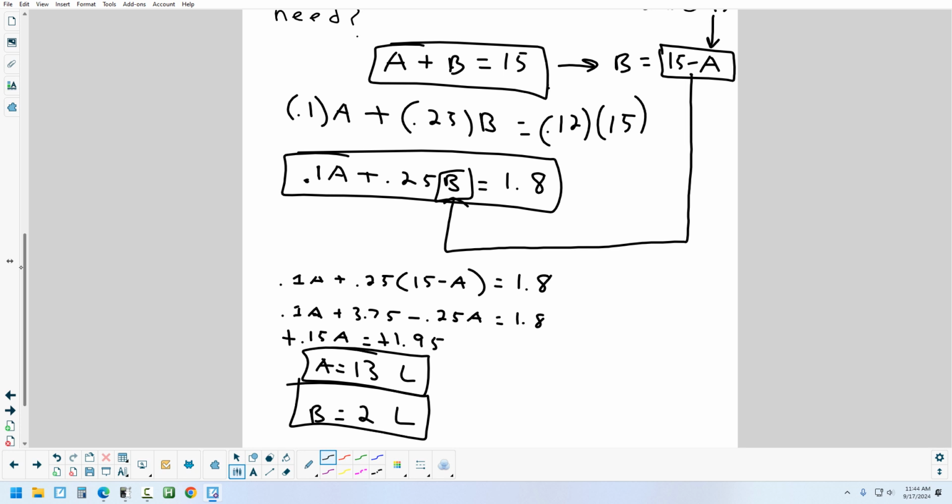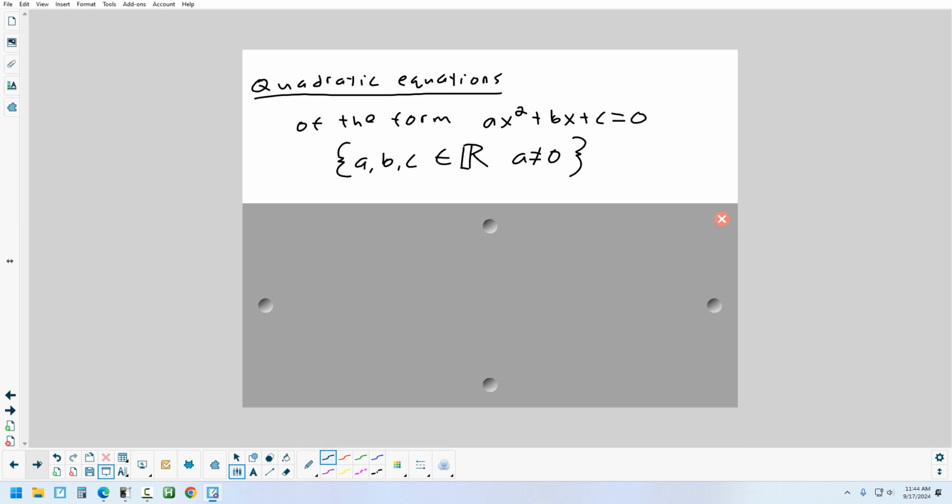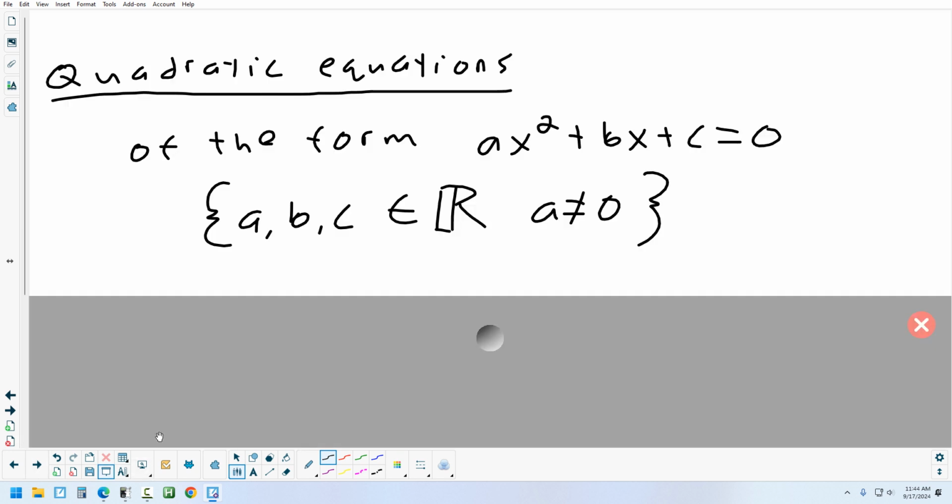All right, so the last type of problem we'll look at is quadratic. Quadratics have an exponent of 2 as the highest exponent in the polynomial. The a, the b, and the c are the number in front of x squared, the number in front of x, and the constant, respectively.